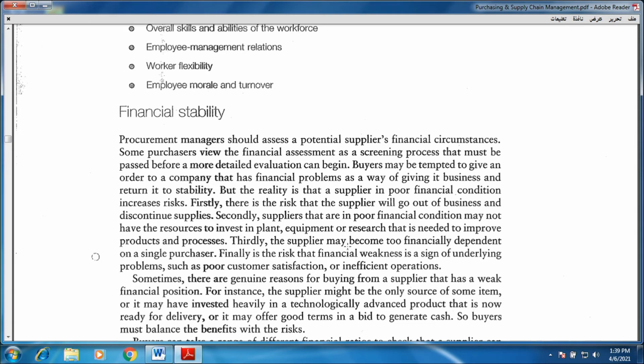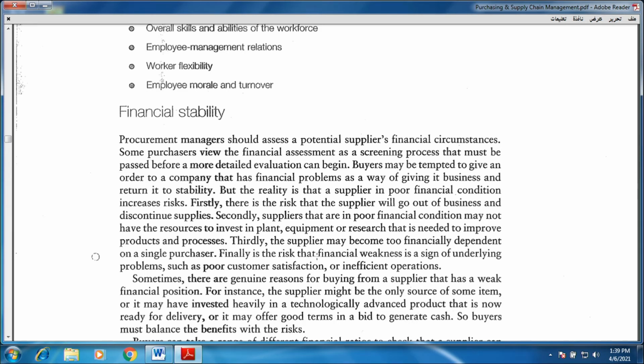Suppliers sometimes, if they are not qualified financially, can depend heavily on us. It means without us they can go out of business. So this is a very risky position for us to keep them alive.